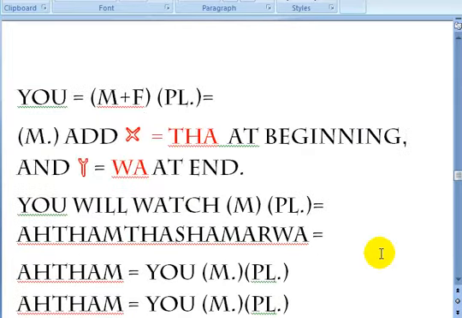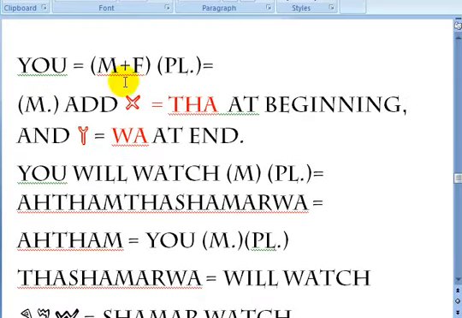All right. Now the next one is you. Male plus female plural. So this is important, you have to know how many people you're speaking about. For the male, for you plural in the male form, you will add a tha at the beginning of the word and a wa at the end. For example, you will watch, male plural, a thumb, tha shamar wa.